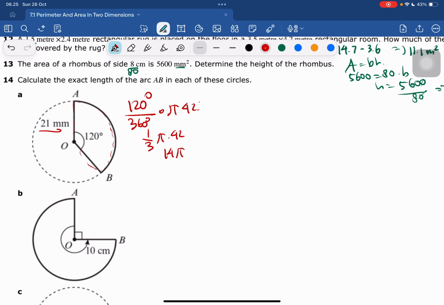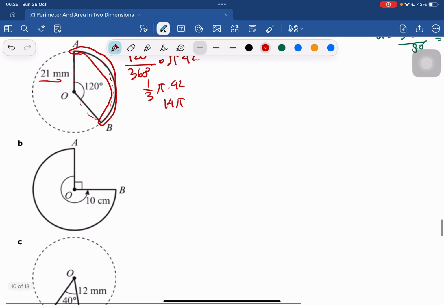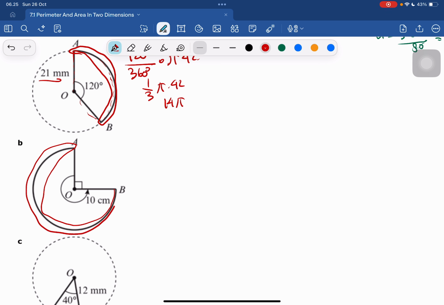So the length of the arc. We need to find this length, the circumference of this area. Next, okay, we need to find it here. The perimeter. So if this is 90, we go 360 minus 90. So 270 divided by 360. Circumference is going to be 2 pi with r.